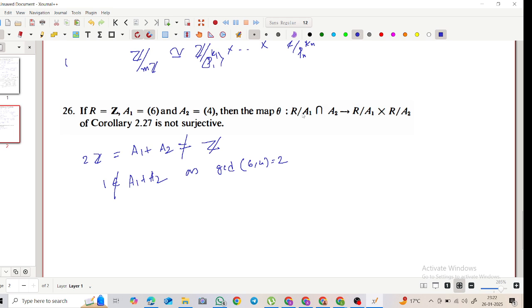Now what about the map? Okay, I prefer to work with this map, because I find it easier to look at. Rather than theta, I prefer to work with phi. So tell me, can you give me an element in the codomain which doesn't have a pre-image? There is an obvious element. Anyone?